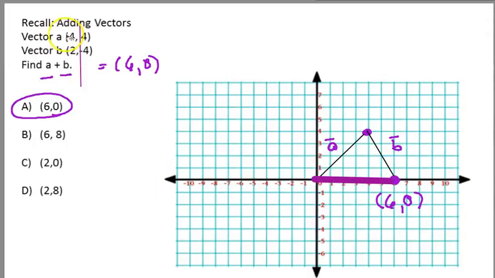If I add the X coordinates, 4 plus 2 is 6. If I add the Y components, 4 plus negative 4 is 0. There's my answer as well. While it's nice to get used to drawing the vectors and understanding what the resultant is, it's okay to use the shortcut of simply adding the X component and the Y component. And that's the resultant.